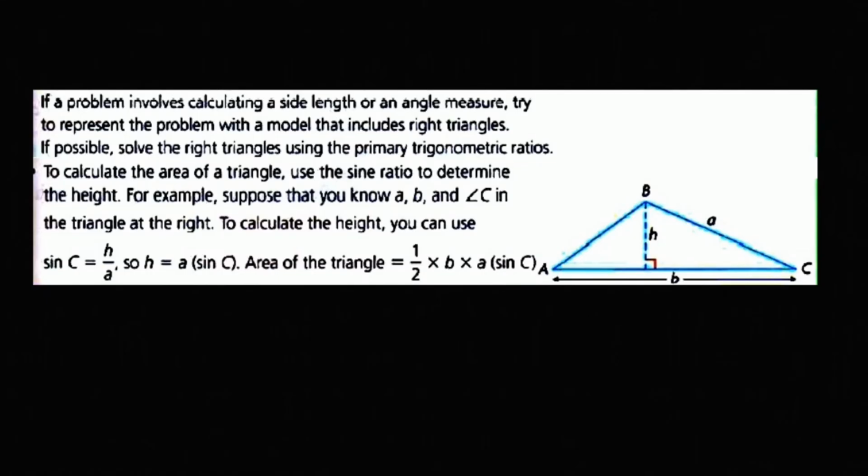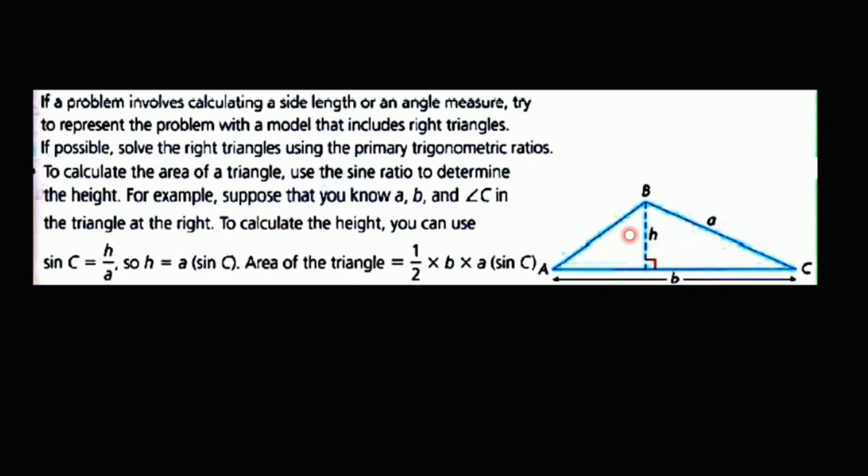Okay, let's look at the summary. If a problem involves calculating a side length or angle measure, try to represent the problem with models that include a right triangle. If possible, solve the right triangle using primary trigonometric ratios. To calculate the area of a triangle, use the sine ratio to determine the height. For example, suppose you know AB and angle C in the triangle at the right.